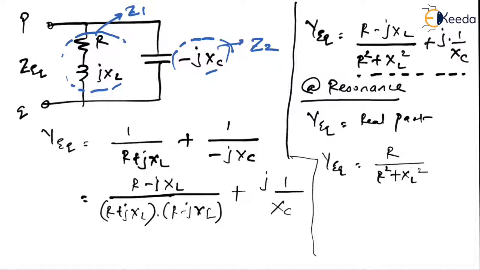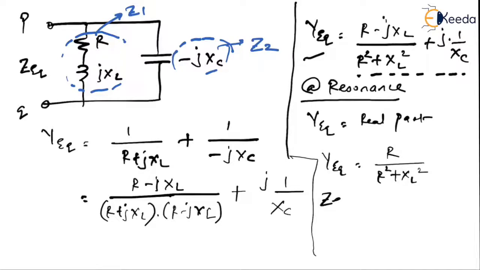See what I have done? Whatever was there along with J, I have ignored it. When it comes to resonance, whether it is Z equivalent or Y equivalent, it is always a real part. Imaginary part of Z equivalent as well as imaginary part of Y equivalent is always considered as 0. So ignoring all the terms which were imaginary in this equation, I have written only the real part of it.